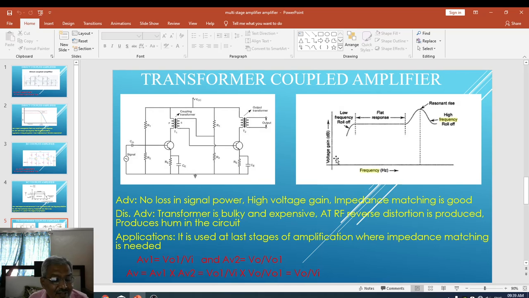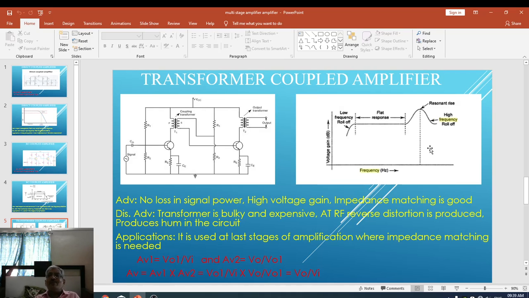This is the resonance frequency. It has a small mid frequency region. So this is the effect of the transformer on the frequency response curve of the transformer coupled amplifier.